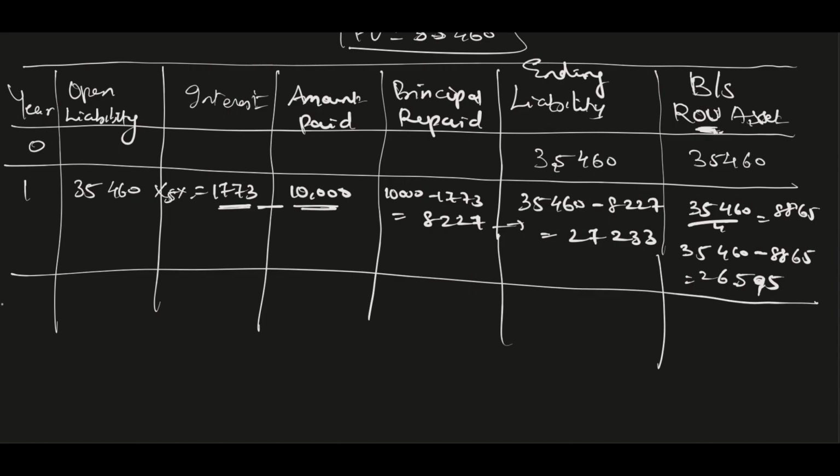Okay, now the next year, second year, this will become the opening balance, 27,233, and on which 5 percentage interest has to be paid, that comes to 1362, and then 1362 is the interest, but the company pays 10,000.